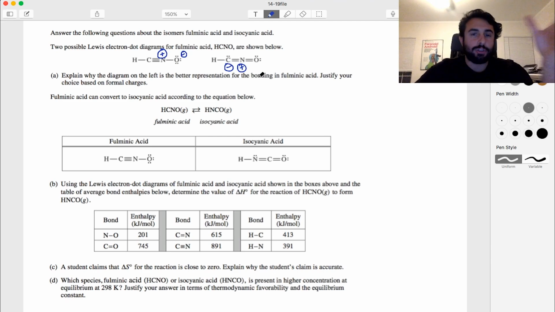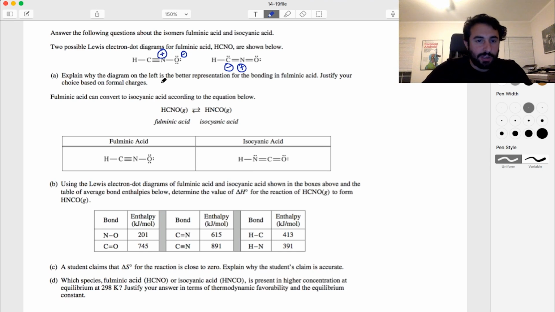Now, with negative charges, a more electronegative atom is better able to accommodate that negative charge. And so here, it is better for oxygen to have a negative charge than carbon. It's very unstable for carbon to have a negative charge. So this is actually better.